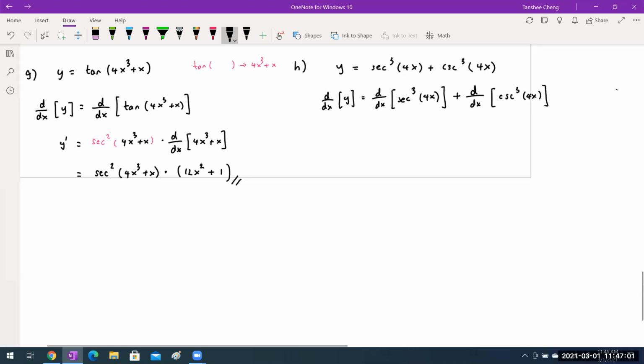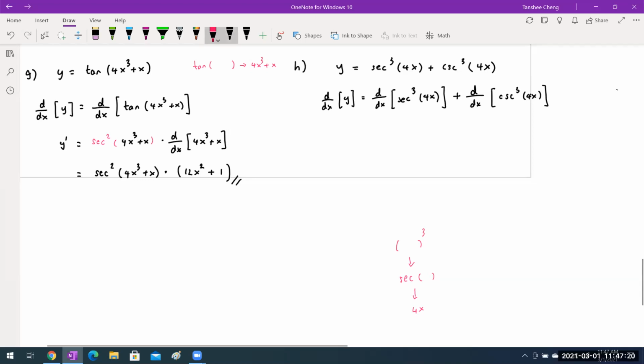For the first term, the outer function will be the x to the third power function. The next function will be the secant function. And the last function is 4x. See, these are the 3 functions there.